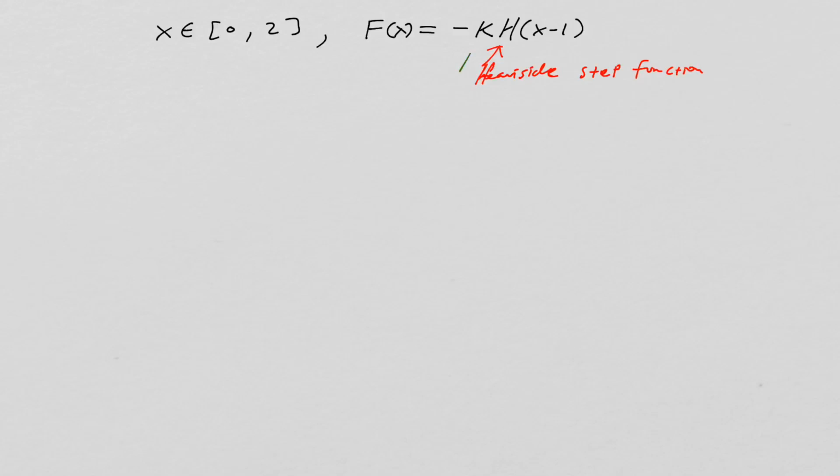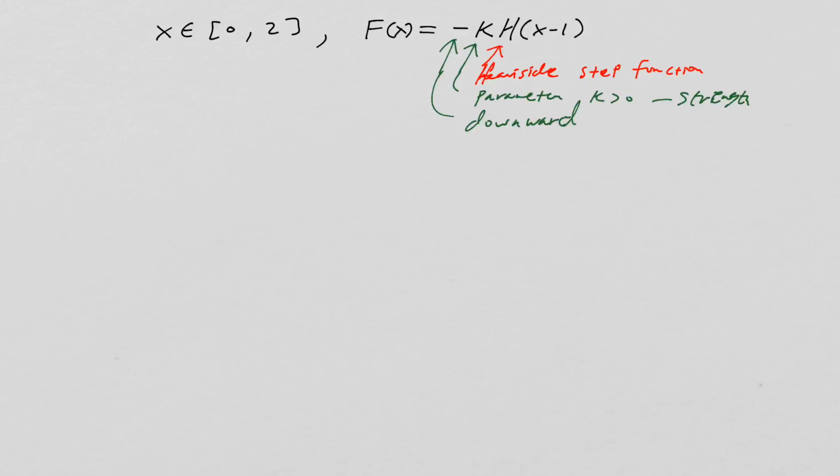And this parameter K, that's just going to be a parameter. We'll say K is positive, and that's basically just the strength of the pressure. And the fact that it's negative means it's a downward force or pressure, okay?